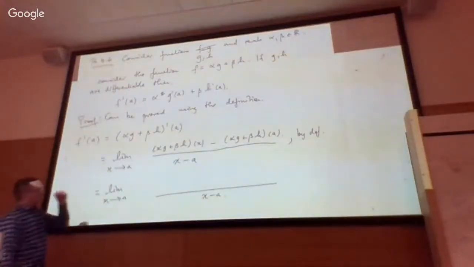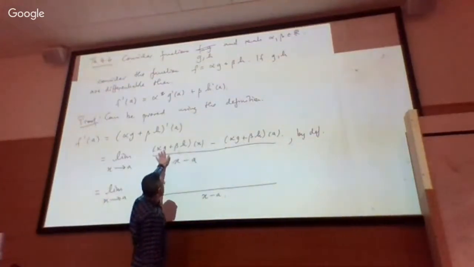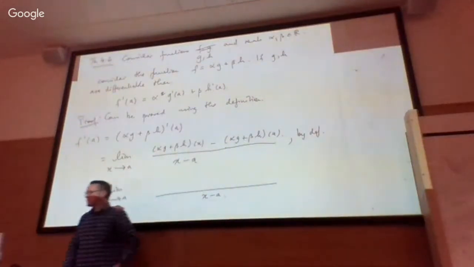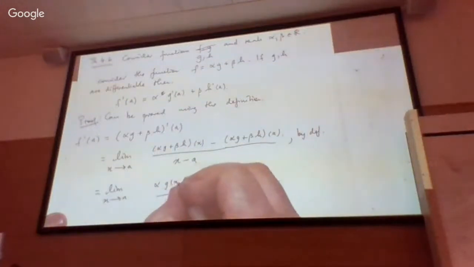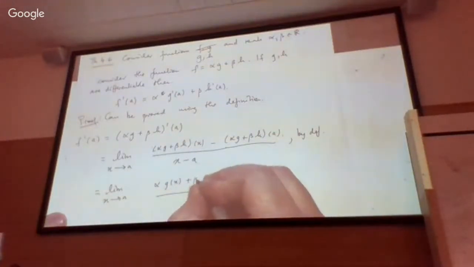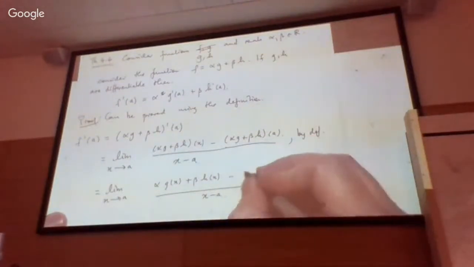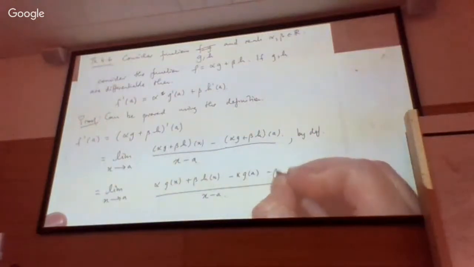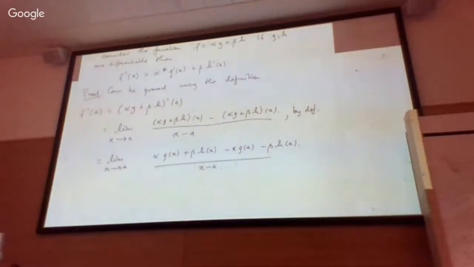But that numerator, we can start expanding these brackets. Because what does it mean to evaluate this compound function of x? Well, what that means is to take alpha times g of x plus beta times h of x. And then expanding this one as well, it means to take minus alpha times g of a minus beta times h of a. That's just applying the definition of what it means to add functions together and do scalar multiples.